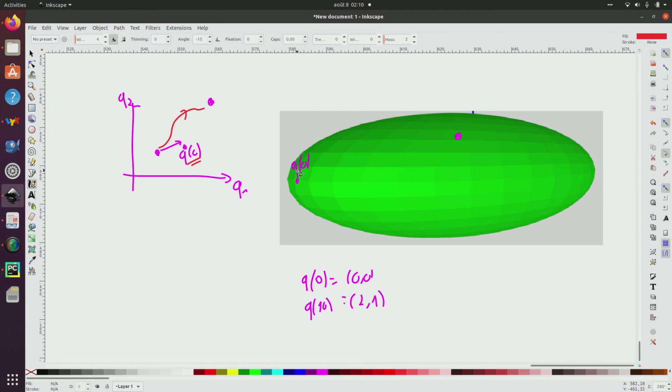Probably I will make a guess and try to reach this point. But of course, the guess will be bad, and probably I will go somewhere here. In this case, I will change the initial derivative to go further or not. So for instance, here I will have to increase the speed so that I go further and get near to the objective, q of 10.